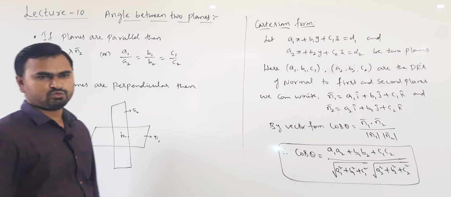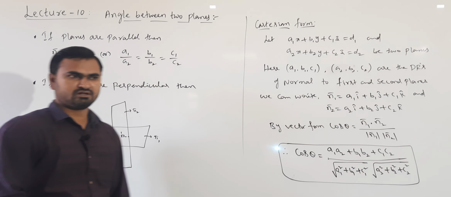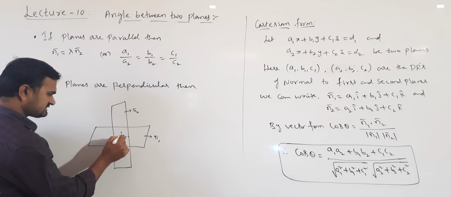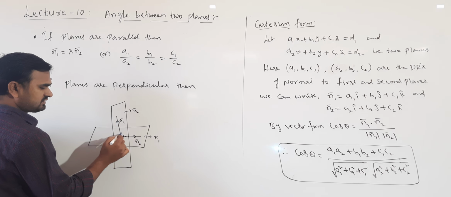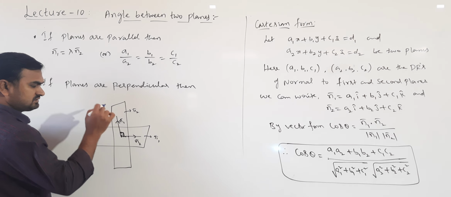Now two planes are perpendicular means what about their normals? Normal to the first plane we can take like this, n1 bar. Normal to the second plane we can take like this, n2 bar. So their normal vectors are also perpendicular.